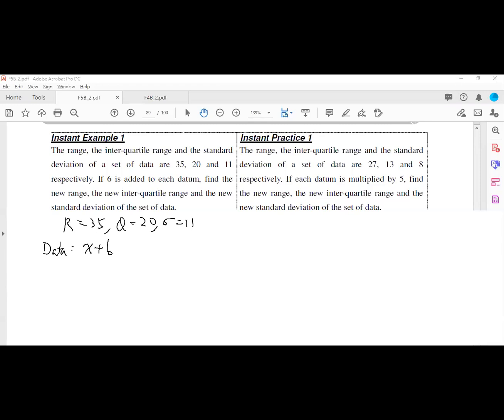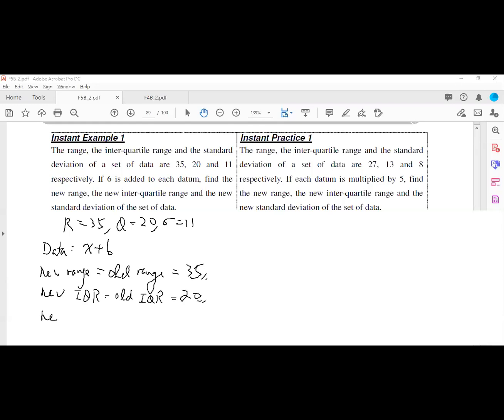Every data has 6 added, and then the new range. If every data is added the same number, the spread does not change, so the three measures of spread, range, interquartile range and SD, will not change. That is, the new range is equal to the old range, and the old range is equal to 35. Okay, and then the new interquartile range is equal to the old interquartile range, that is 20.